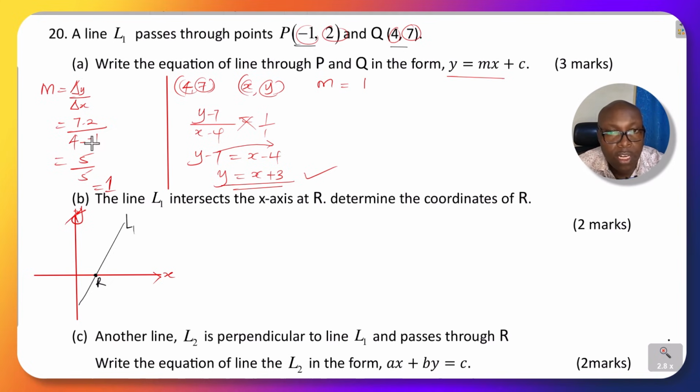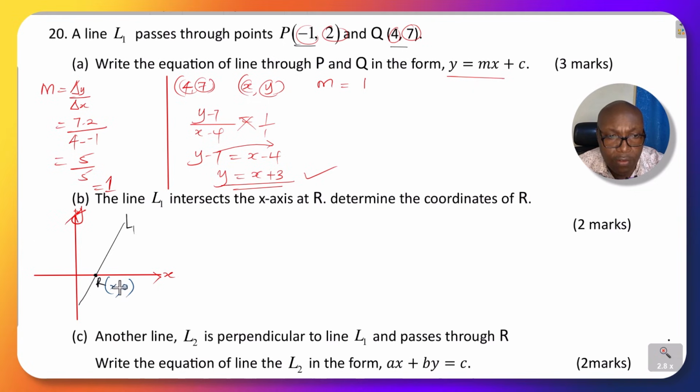One thing that we can be sure of is the y coordinate of this point R. You may not know the x coordinate, but we know the y coordinate is 0, because this point R lies on the x-axis, and all the points that lie on the x-axis have a y coordinate equal to 0.